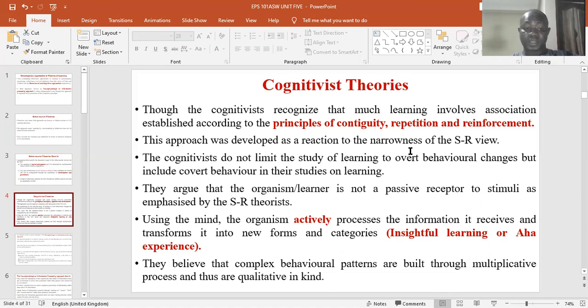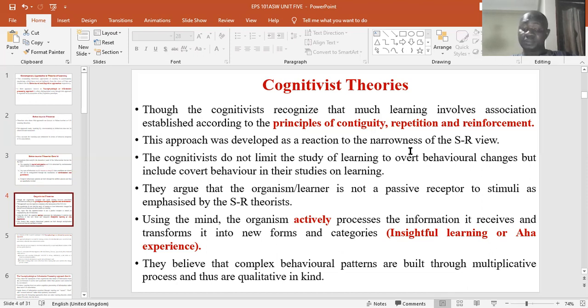With them, the individual uses insightfulness. Sometimes we call it the aha experience. Maybe you encounter a problem that you never have any immediate solution to. Then you sit down, ponder over the situation, then within a twinkle of an eye, unthinkably, unknowingly and unplannedly, impromptu, the answer comes to mind, then you give it out. It's an insight because when you sat down quietly, silently, pondering over the situation or problem solutions, it was a period of insightfulness to see which of the solutions would best fit your problem.